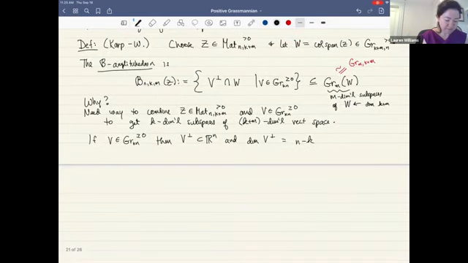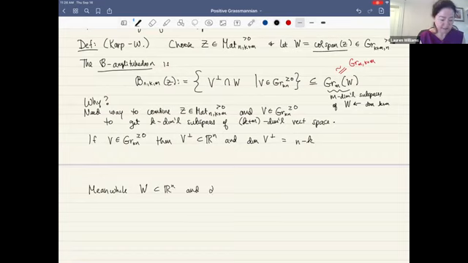And meanwhile, W, which was the column span of Z, also lies in Rn, and it has dimension k plus m.